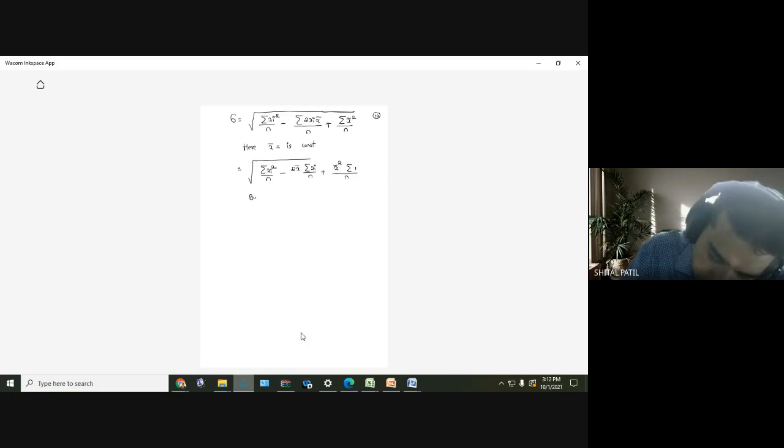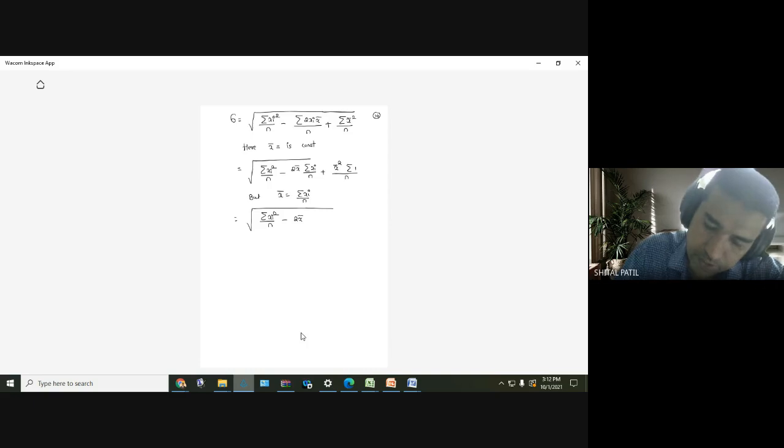Okay, but what is x bar? Summation of xi divided by n. Okay, let me use that. So summation of xi square divided by n minus 2 x bar, this whole term is equal to x bar, right? Plus x bar square. Summation of 1 n times is n divided by n. This will cancel.